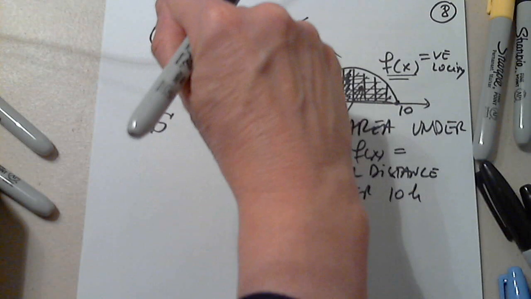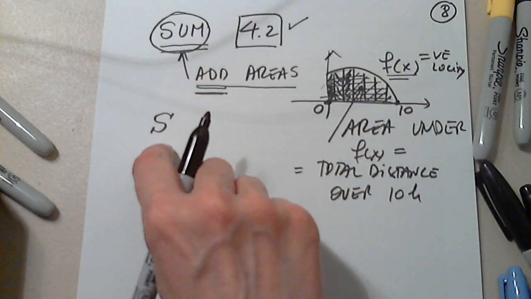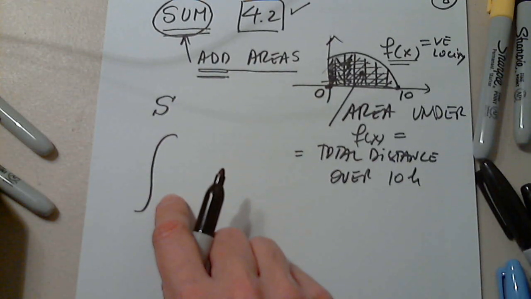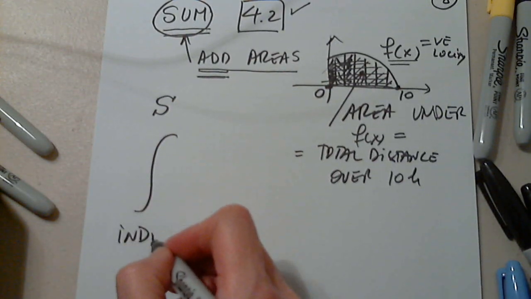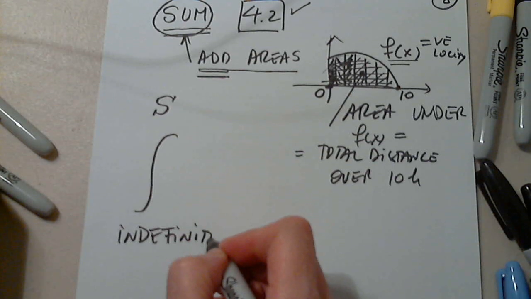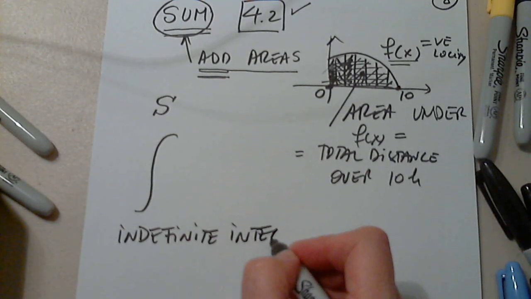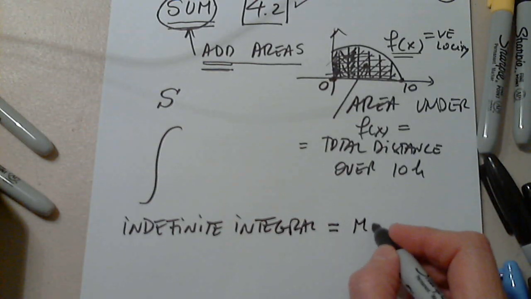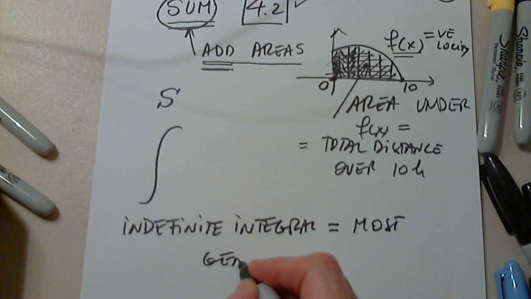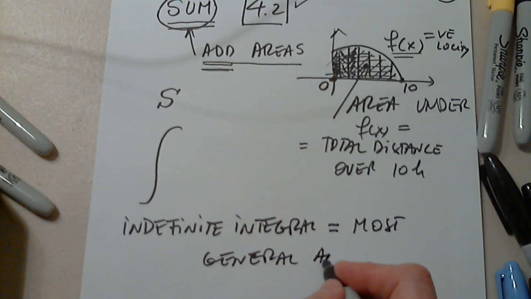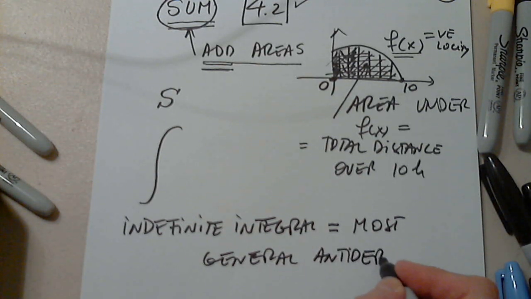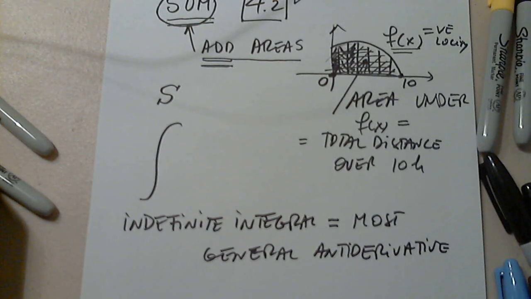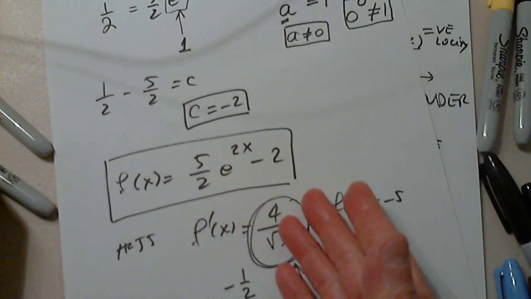We are going to stretch this letter, and we're going to call it the indefinite integral. But it's the same thing as the most general antiderivative. As I promised, we're going to do exactly the same thing.